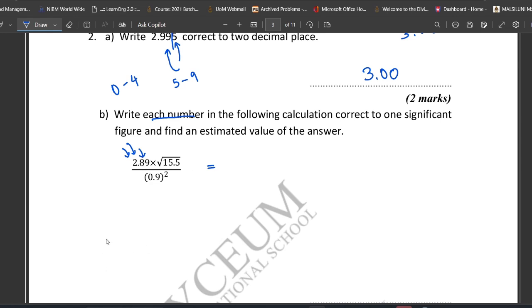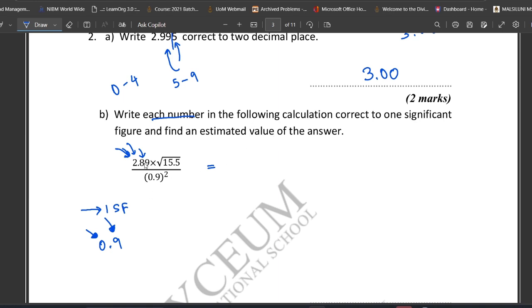So if we have 0.9, this should be the first significant figure, because 0 we can't count as a significant figure. The first non-zero digit that is available when we are starting from the left side is the first significant figure. In here 2 is the first significant figure.